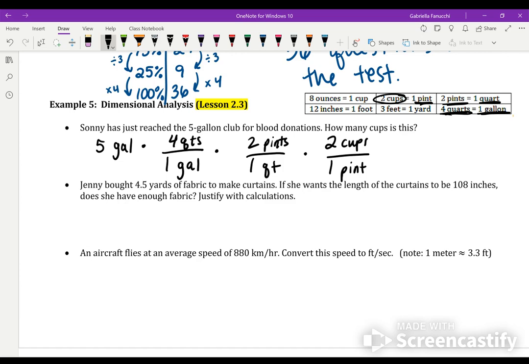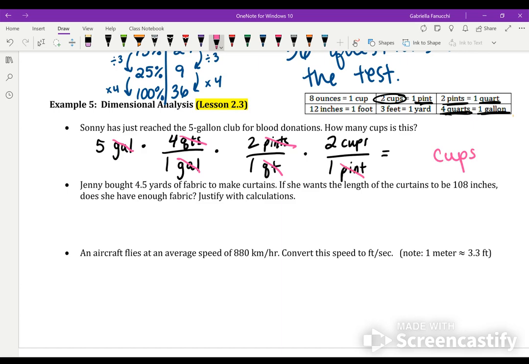Now I'm probably like, why are we separating all of this like this? So what you're going to do is every single unit you're able to cross off. That's how you have to do it until you get to the unit that you want. So we have a gallon per gallon, quarts per quart, pints per pint, and we're left with cups.